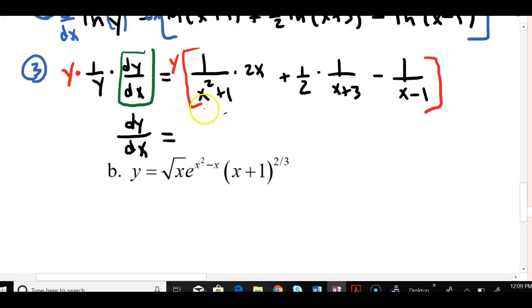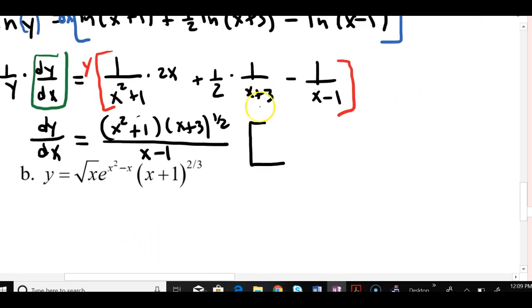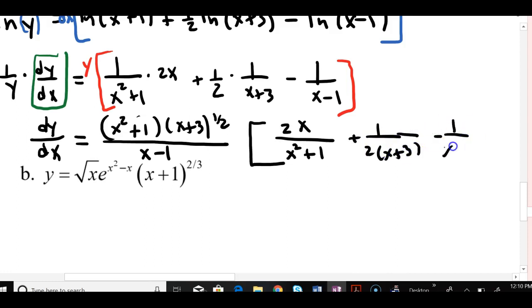I think it was x squared plus 1 times x plus 3 to the 1/2 over x minus 1. That's all multiplied by 2x over x squared plus 1 plus 1 over 2 times x plus 3 minus 1 over x minus 1. That's it.